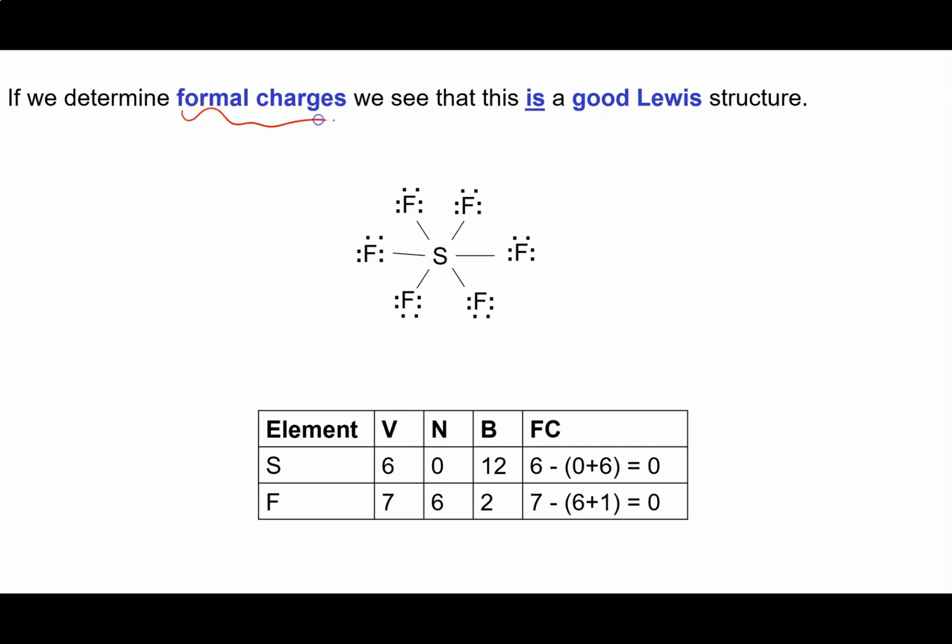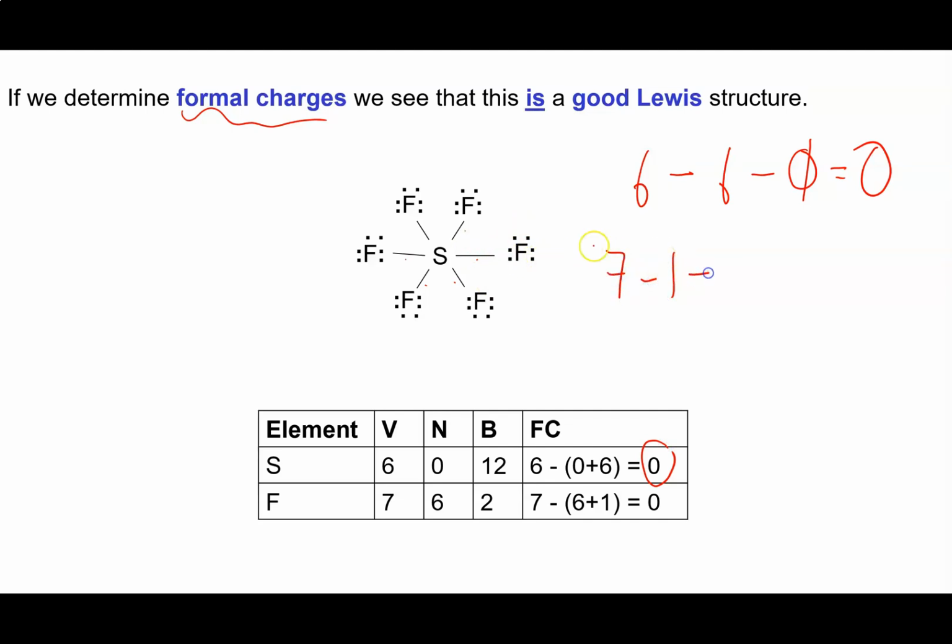So if we look at the formal charges on the sulfur here, sulfur's in group 6, minus the number of bonds, 1, 2, 3, 4, 5, 6, minus non-bonding electrons, there aren't any, 0. So the sulfur has formal charge of 0. And then if I look at the fluorines, I only have to look at one of them because they're all the same. Fluorine's in group 7.